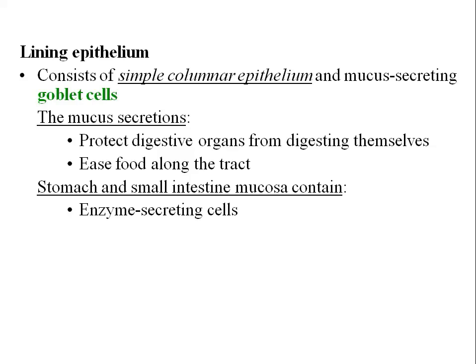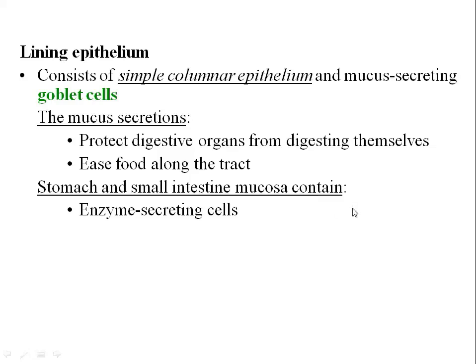But that doesn't happen in the digestive system because this mucus layer covers the internal tissues, so that the acid cannot affect the layer. Also it serves as a lubricant to ease food along the tract, so that food easily passes over the tract.